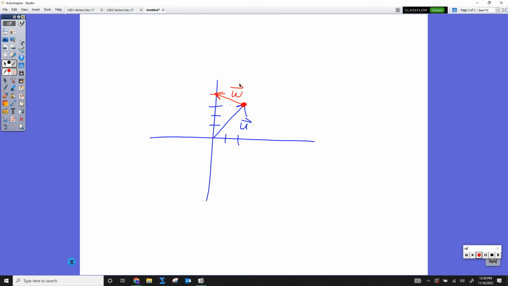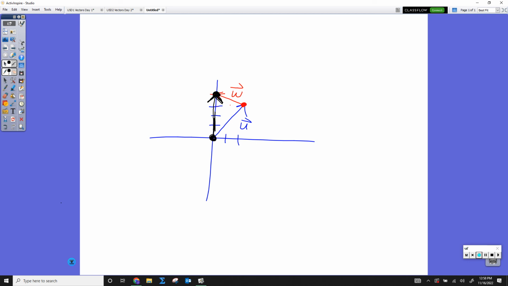Here's what I want you to do. You started right here at the origin, right? And when we added W to it, where did it completely end? At this spot, right? Connect here to here. Draw an arrow. Okay, so we did this connection.